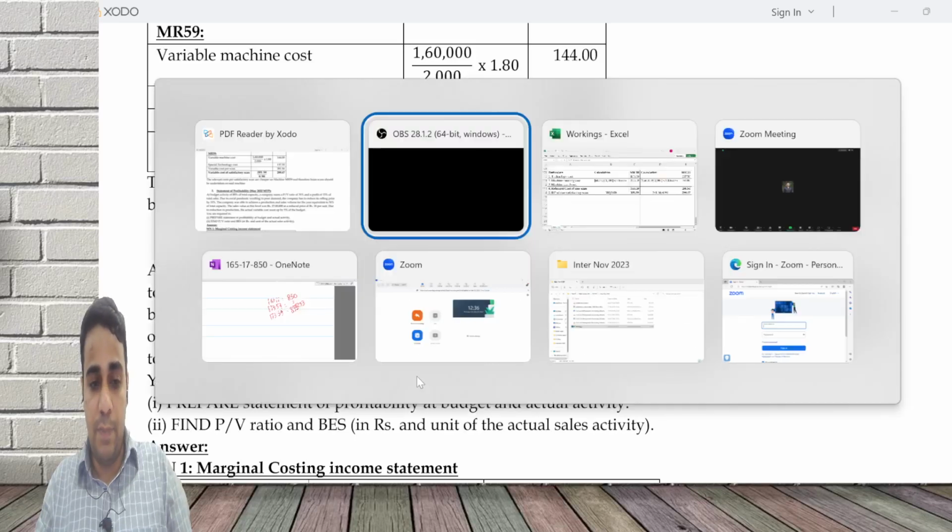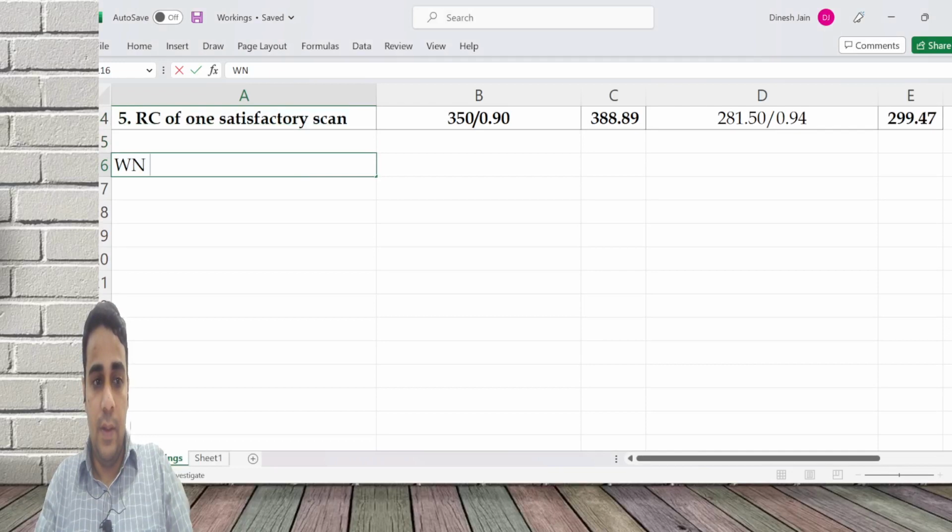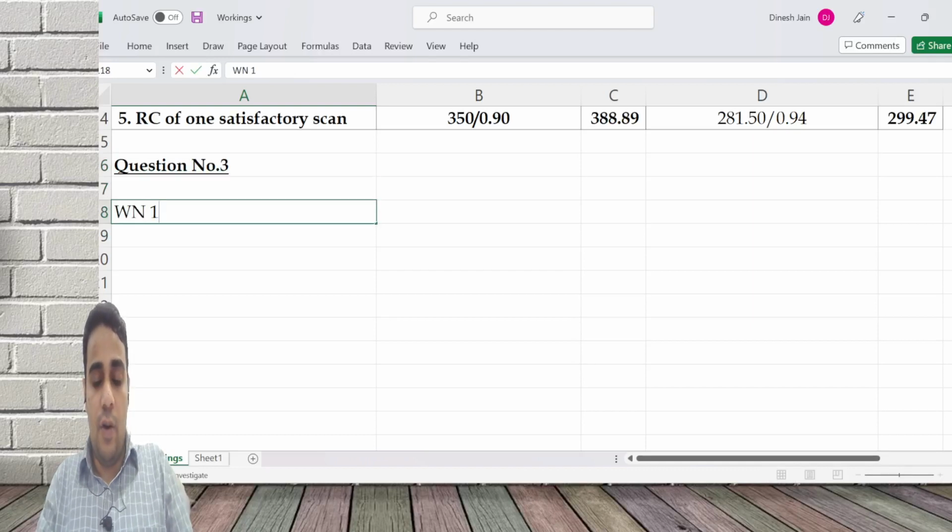Let's start doing this. First, let's do a statement of profitability. Working note 1, statement of profitability.